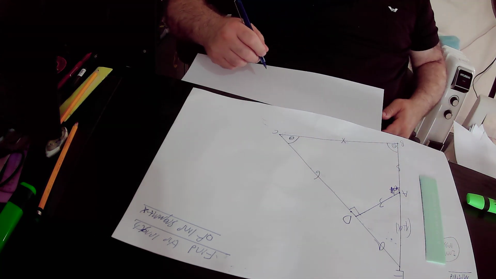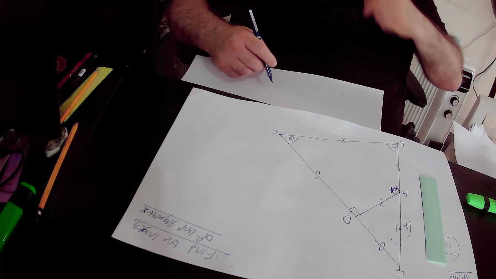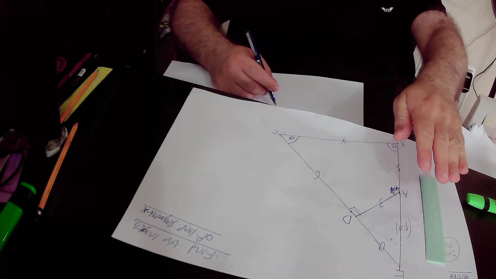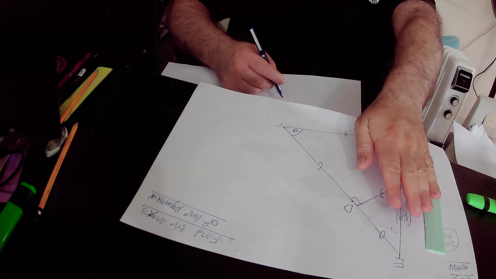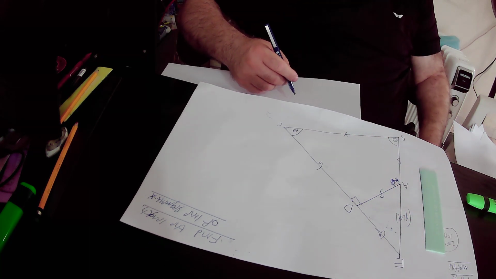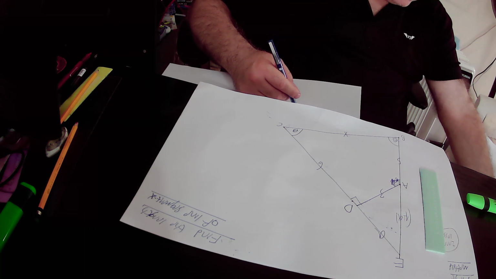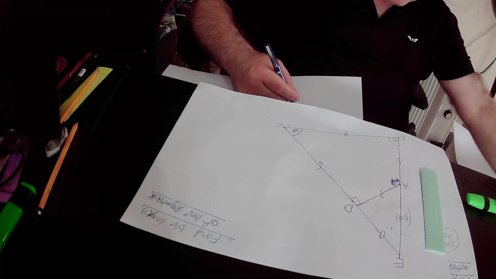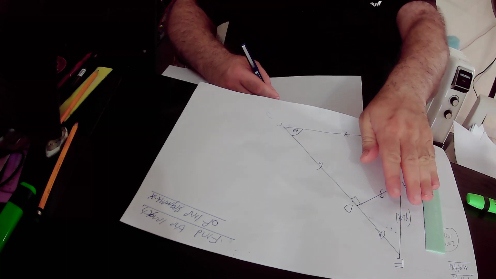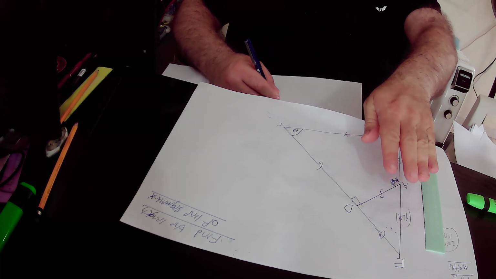Then the sum of the angles on this side of the straight line EC at point D must be equal to 180 degrees. Okay, so which angles do we have at this side of the straight line EC at point D?